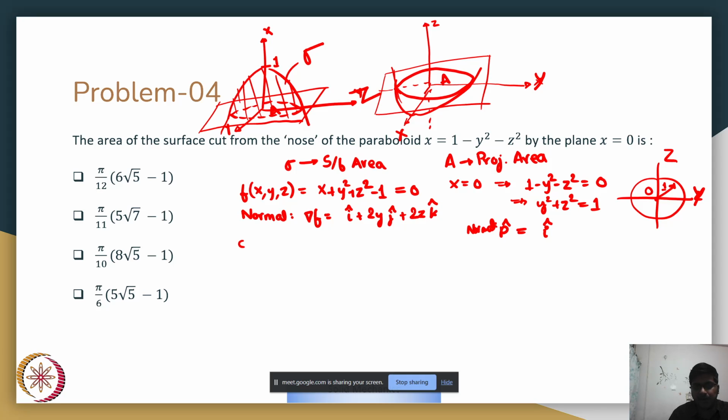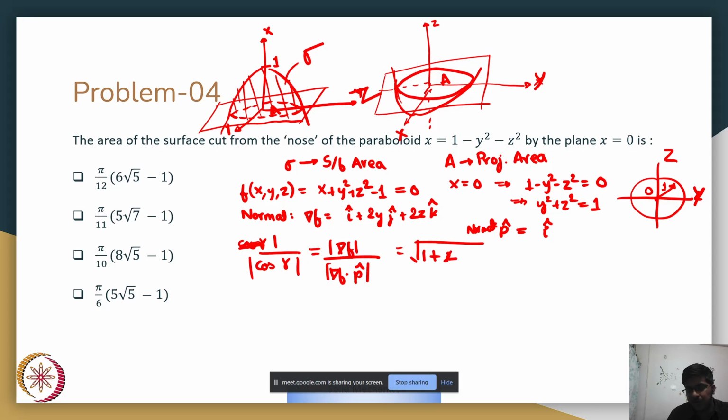Therefore, the reciprocal of cos of gamma is nothing but mod of grad f upon mod of grad f dot p hat, which is equal to root of 1 plus 4y square plus 4z square upon grad f dot p.